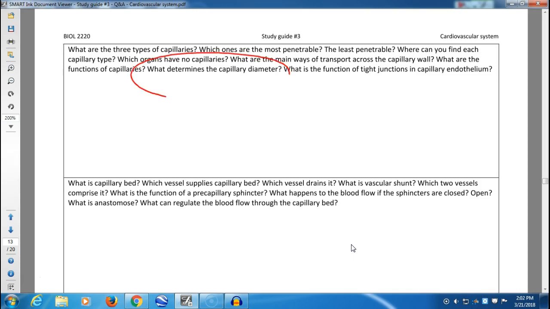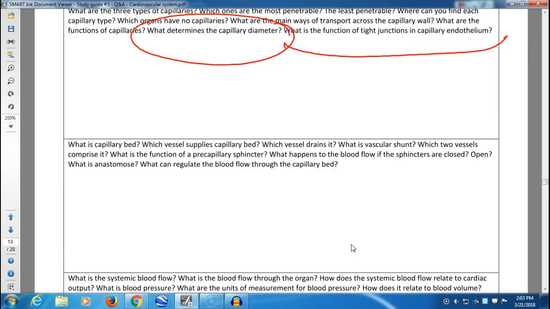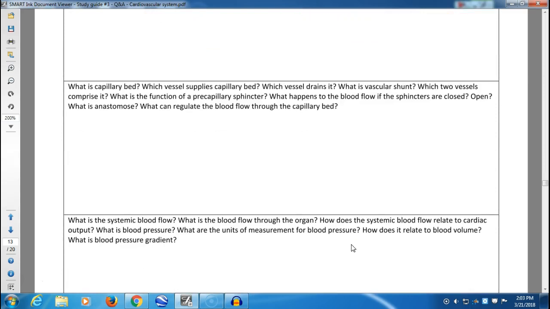Capillary diameter is determined by the diameter of a red blood cell, and the function of the tight junction is to control the transport from capillary to the tissue. Capillary bed: capillaries that perfuse the tissue. It is supplied by a meta-arteriole and drained by a postcapillary venule.